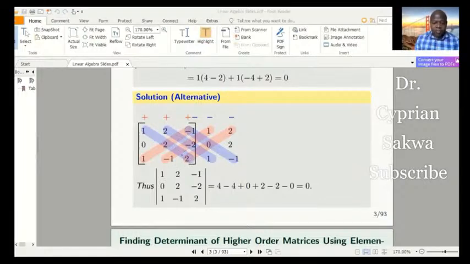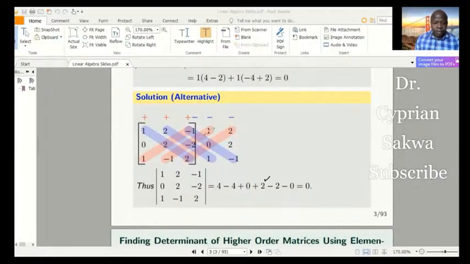So this will be 4 minus 4 plus 0. And this other one will be negative 0. I began from here, there's no problem. So this will be negative 2. When I subtract negative 2, I get positive 2.